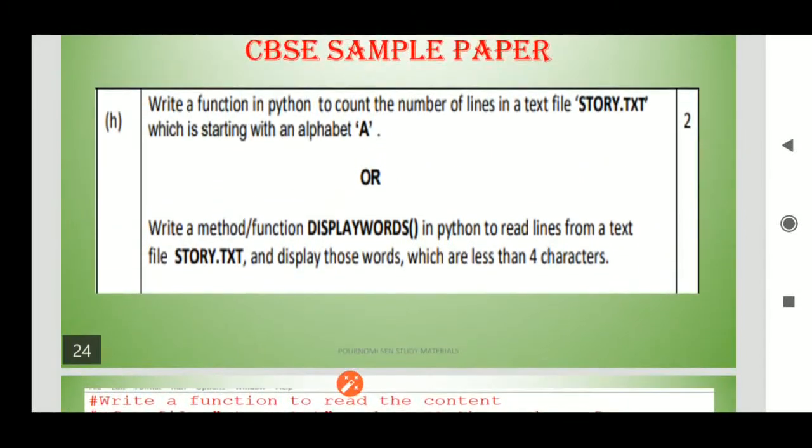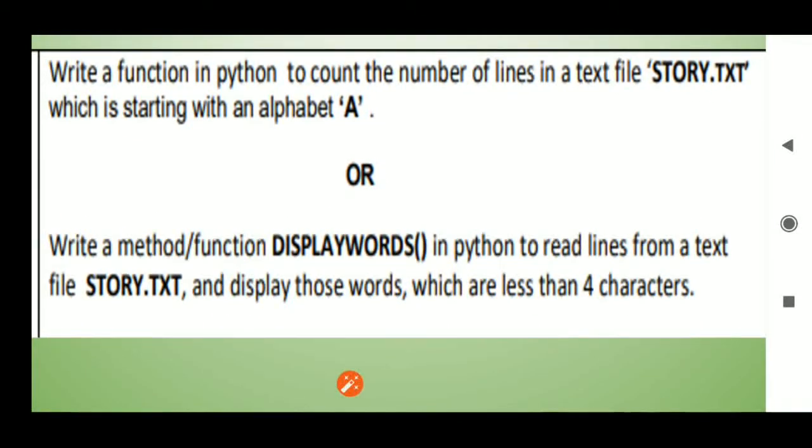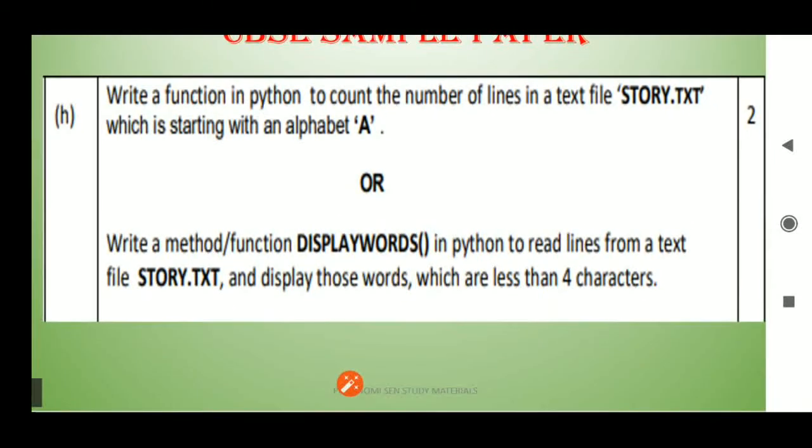Check the second question here. This is the alternative question: write a method or a function. Please notice again that we do not need to write the entire program, just the function. But here, for a change, the name of the function is provided, so we have to use this name only. The name of the function is display words.